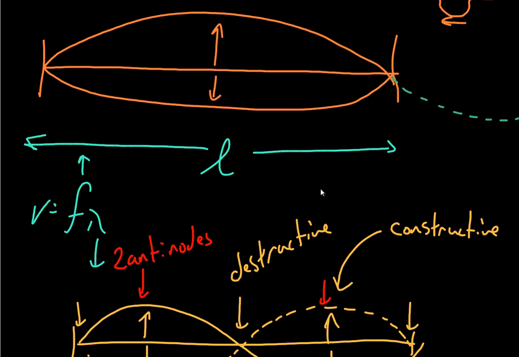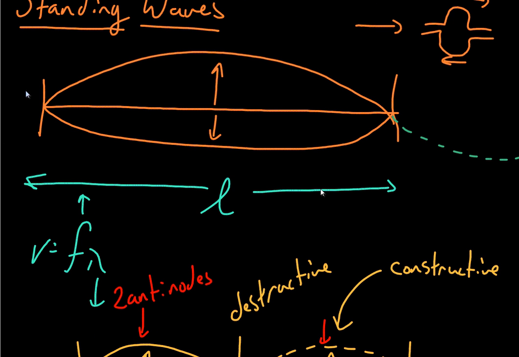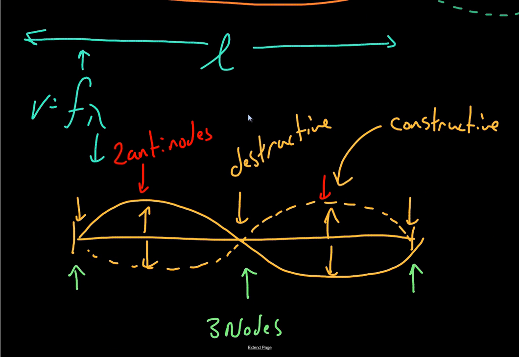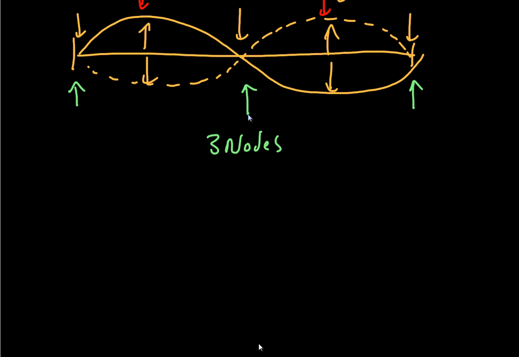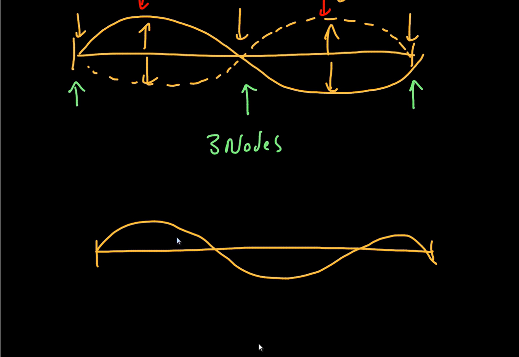If we roll back up, here we have 2 nodes and 1 antinode. All right? And we'll do one more example, but then the pattern just continues, okay? So if this is our medium, okay, we are going to have something like this happening.